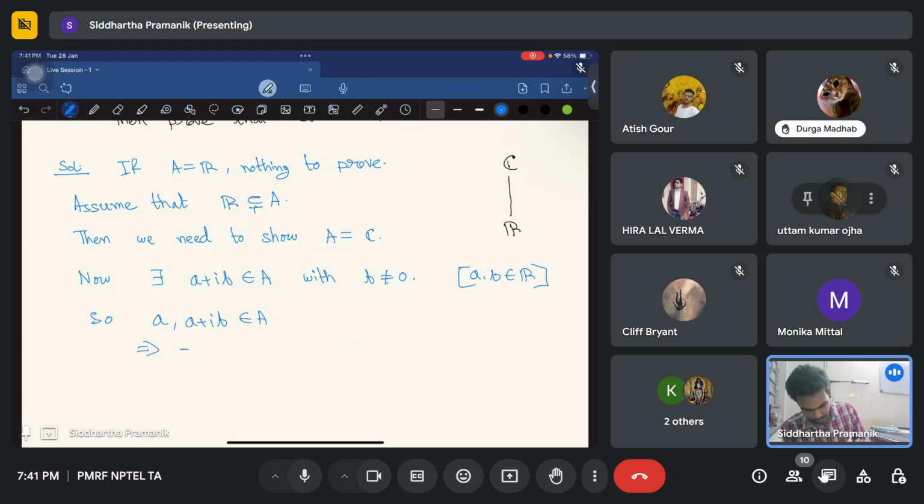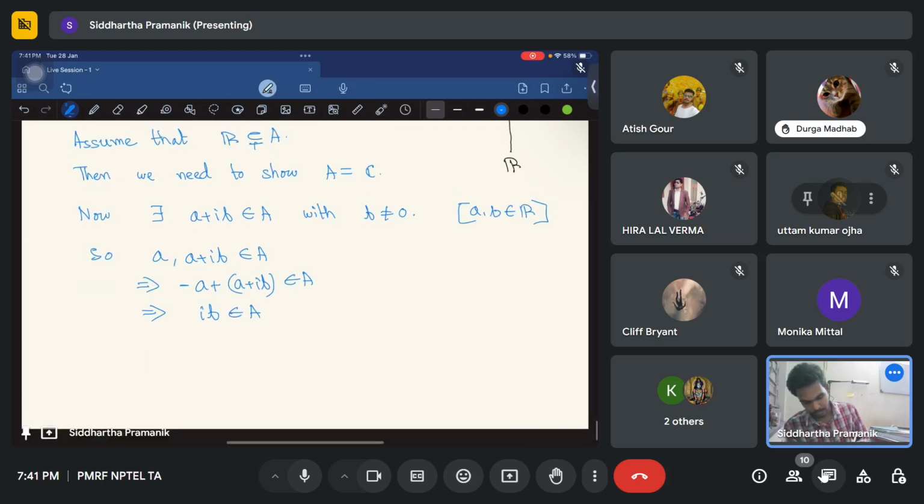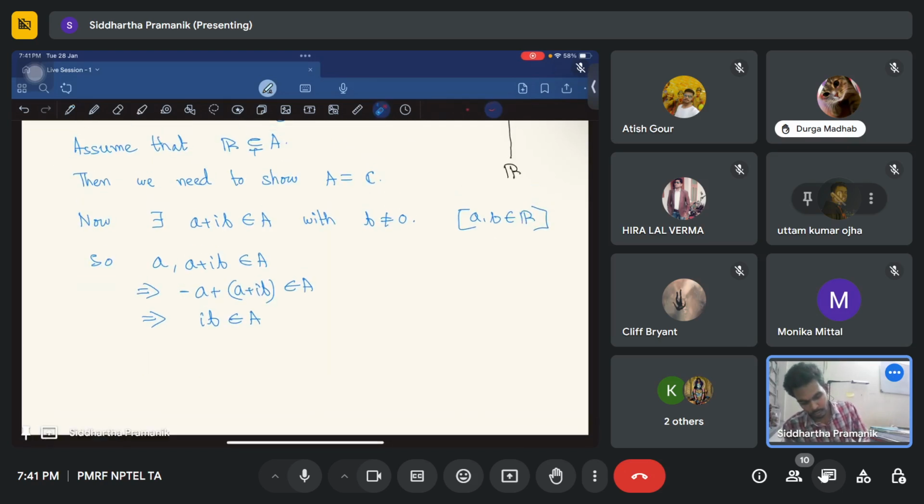So a and a plus ib both belong to A. That means minus a plus ib is also in A, because it's a subring, closed under subtraction, addition, all those things. So ib belongs to A. And also b is a non-zero real number, so b is a unit.